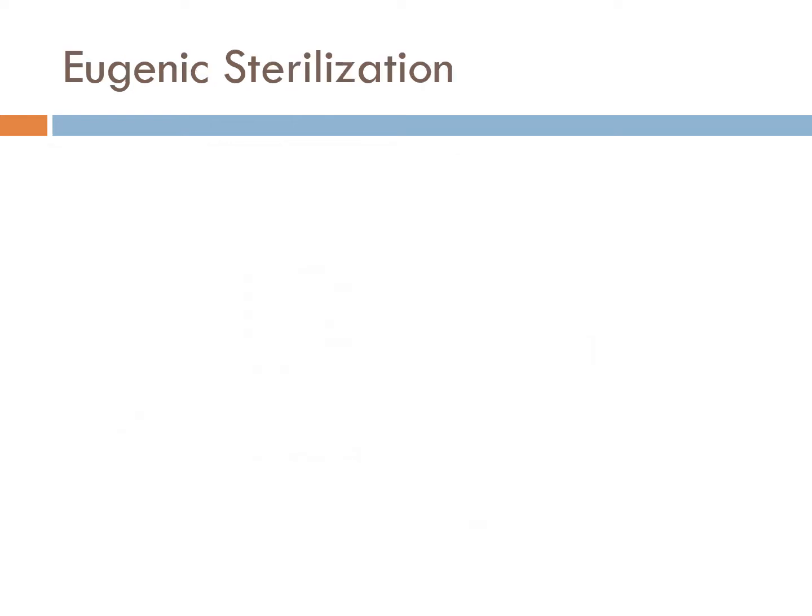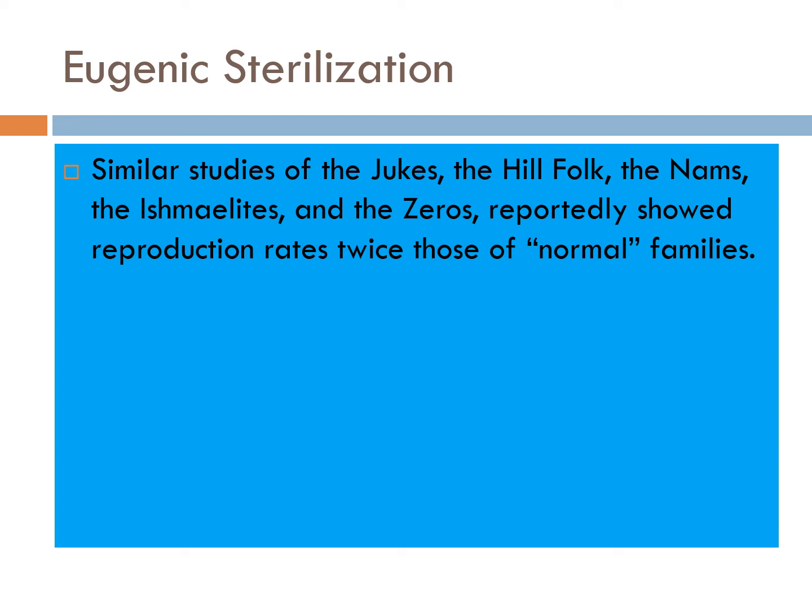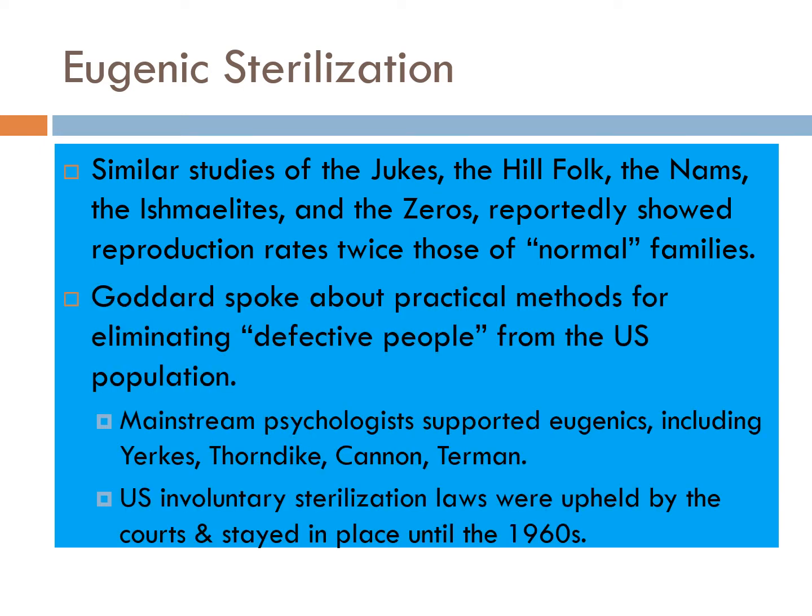So these studies of rural families throughout the United States started to expand, right? We had similar studies of the Jukes, the Hill folk, the Nams, the Ishmaelites, and the Zeros, who reportedly showed reproduction rates twice those of normal families, right? So Goddard spoke about practical methods for eliminating defective people from the U.S. population, right?